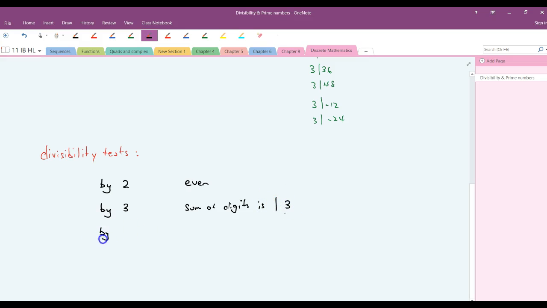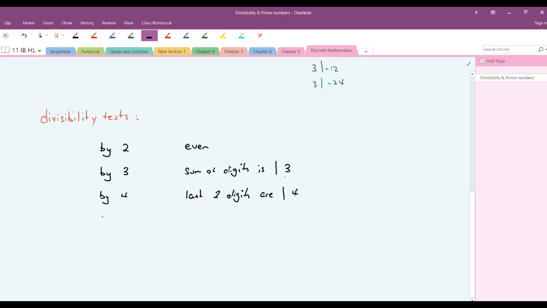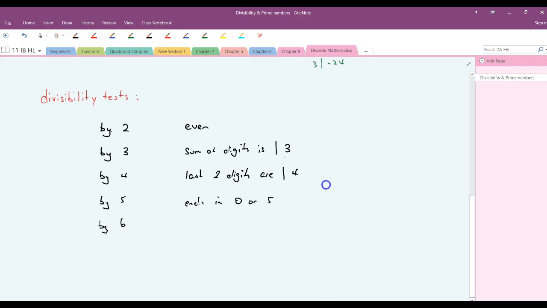By 4, then what do we say? That the last 2 digits of the number are divisible by 4. Divisible by 5, it ends in 0 or 5. That's a straightforward one. By 6, this is therefore divisible by 2 and divisible by 3.